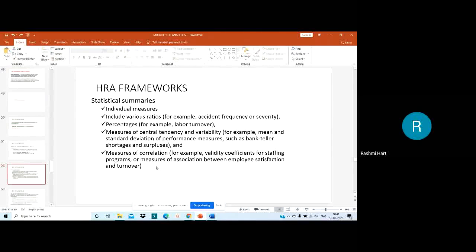Then measures of central tendency and variability, like the mean and standard deviation of performance measures, such as bank teller shortages and surpluses. Measures of correlation, such as the validity coefficient for staffing programs, and measures of association between employee satisfaction and turnover. All these areas are calculated through a few statistical tools. So this is how the HR framework is calculated.